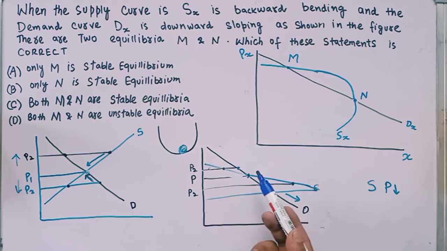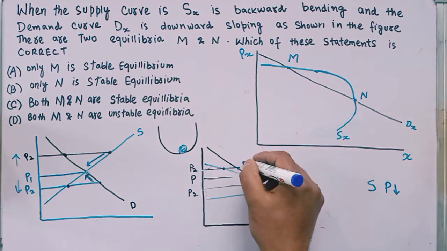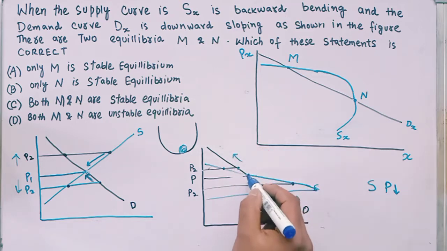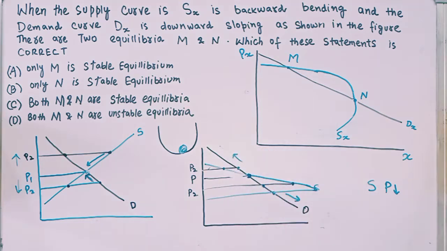When demand is more and supply is less, price will go up. So we will move away from this point. Remember, we are not able to reach this point as we were able in the previous diagram. So we are moving away from the old equilibrium. Any deviation from the old equilibrium does not lead us back to it, so we say the equilibrium is unstable.